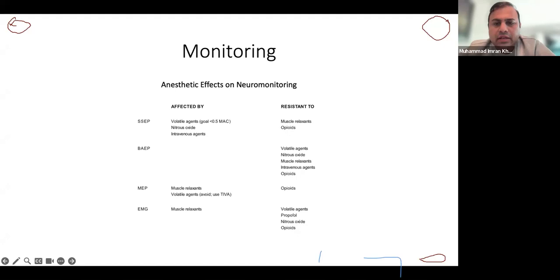And for the benzos, it has minimal effect at low doses for both the SSEP amplitude and the MEP amplitude. Then we have our dexmedetomidine, which is a newer drug which we have been using, especially in neurosurgery, but of course in other things as well. It also has minimal effect on your SSEP amplitude as well as your MEP amplitude.